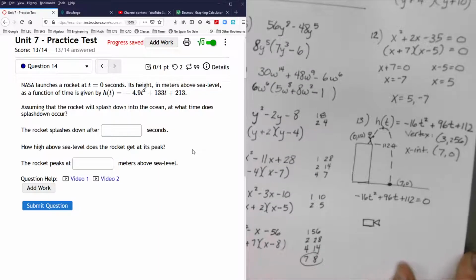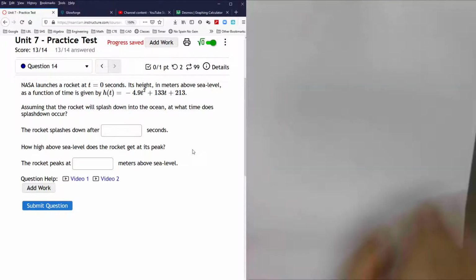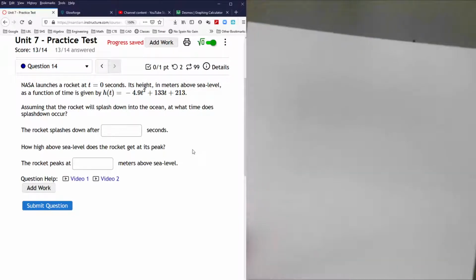And our last problem here is very similar to this. We've got a rocket that's launching. So here they give us this equation. I'm going to go ahead and copy that equation just to save me a bit of time here.